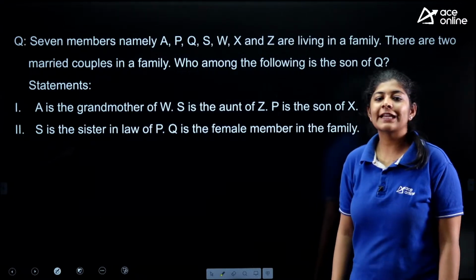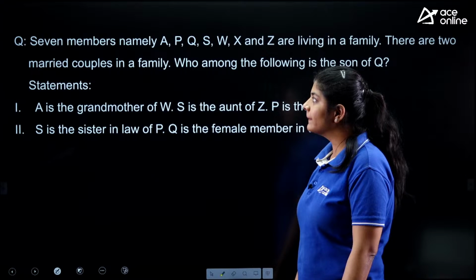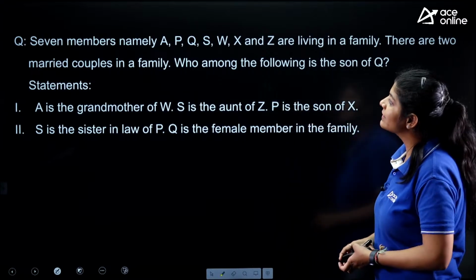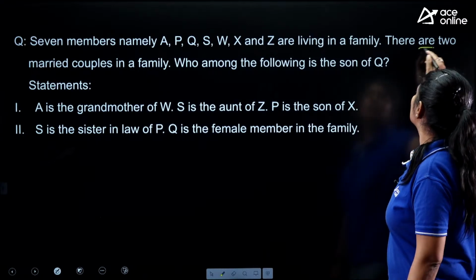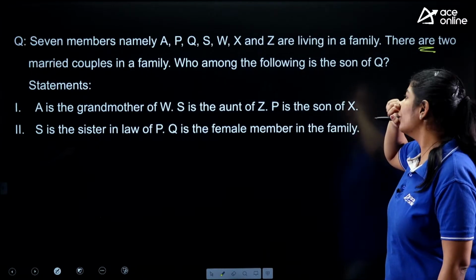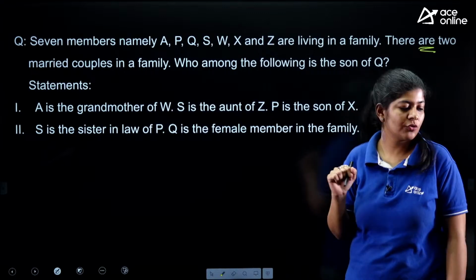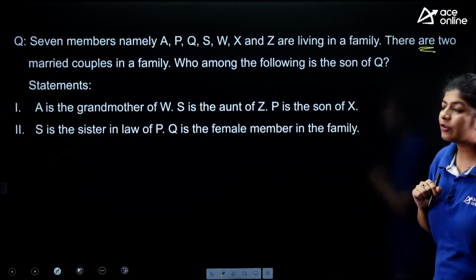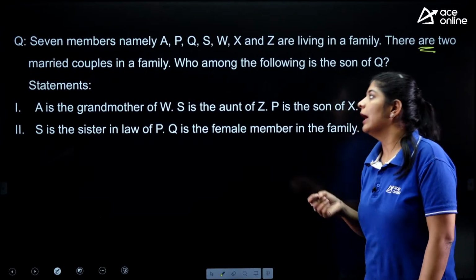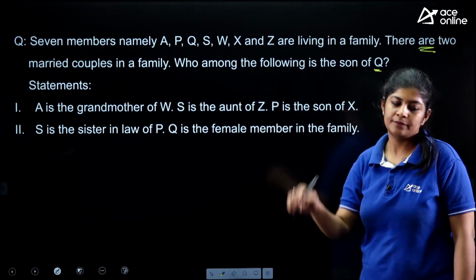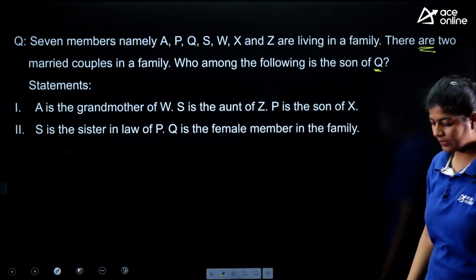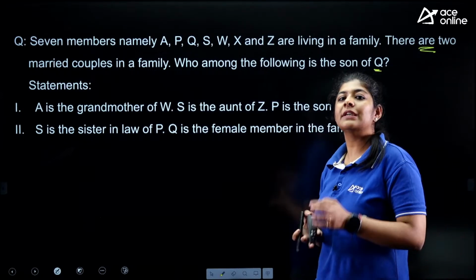The question says that we have 7 members, namely A, P, Q, S, W, X and Z, living in a family. Who among the following is the son of Q? What we have to do is find out who is the son of Q. Just read the statement carefully.